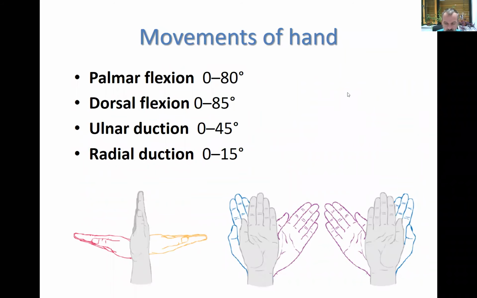Okay, movements of the hand as a whole. Flexion and extension. But as we could not say what is flexion and extension, again we call it palmar flexion. The movement back should be extension, and the movement farther should be dorsal flexion.